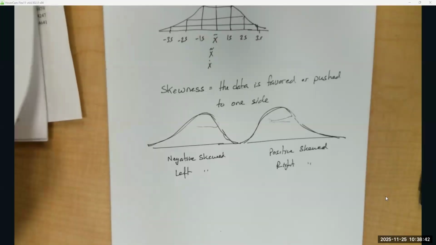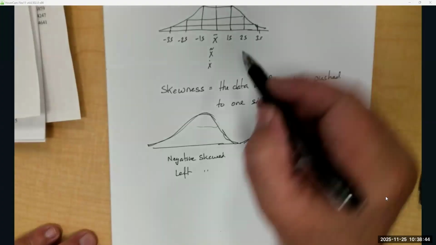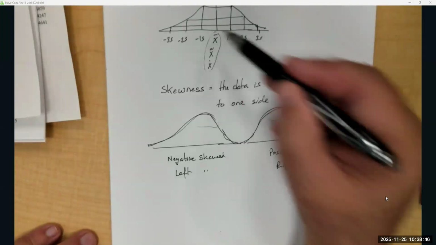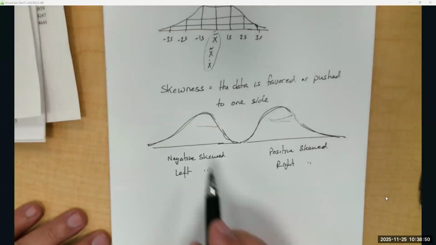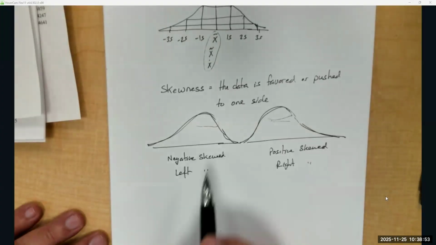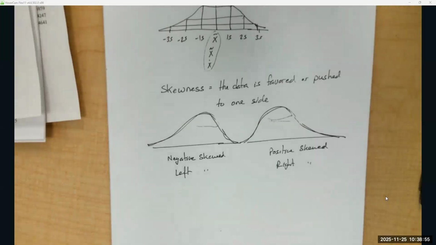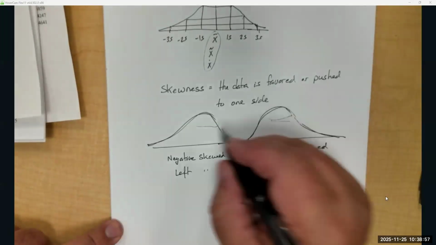So now a couple things happen. As opposed to this one, if it's normally distributed, mean, median, mode, everything's in the middle. What happens if it's negatively skewed? If it's skewed left, what happens to it?